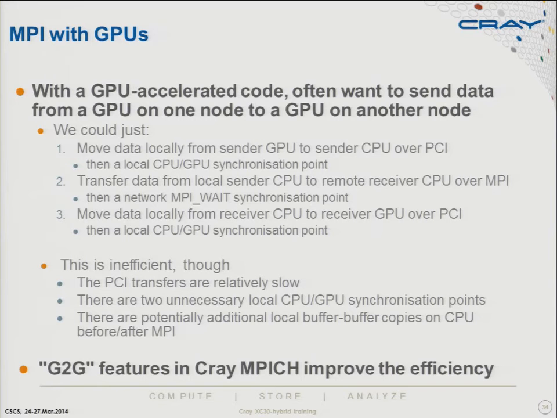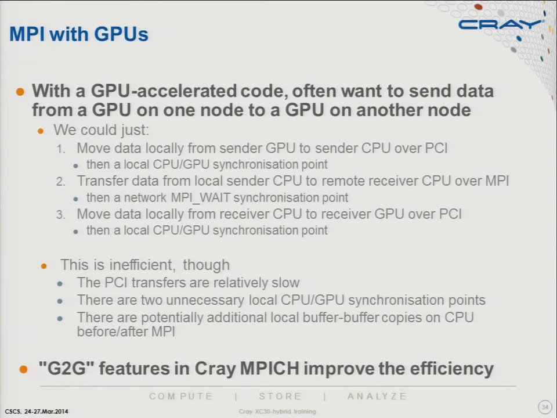And when it has been received by the CPU, it will be sent up to the GPU over the local PCI bus again. And that will work everywhere, because all of the MPI is happening on the CPU. There's no change. But this is inefficient, and it's inefficient because, first of all, the PCI transfers are quite slow between CPU and GPU. And this isn't anything special to Daint, it's just the fact that you're running on PCIe 2 because that's what's supported for the Kepler cards.